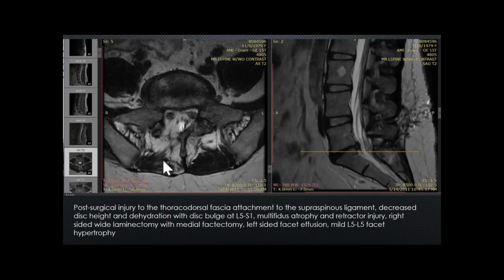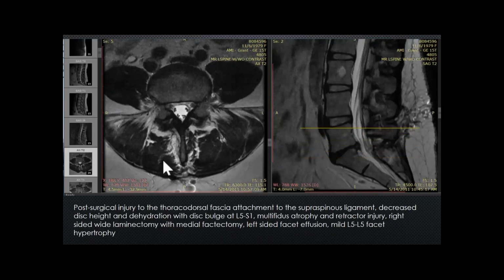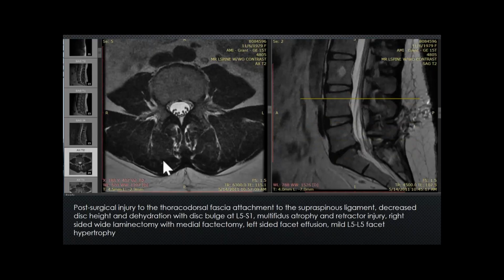So let me cue that up here. If we go higher up, we see a more normal spinous process, thoracodorsal fascia, and the supraspinous interspinous ligament that are all connected here and anchoring at the spinous process.